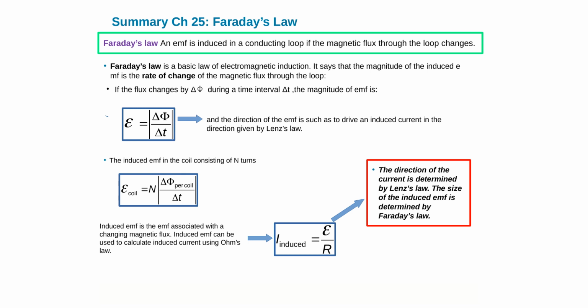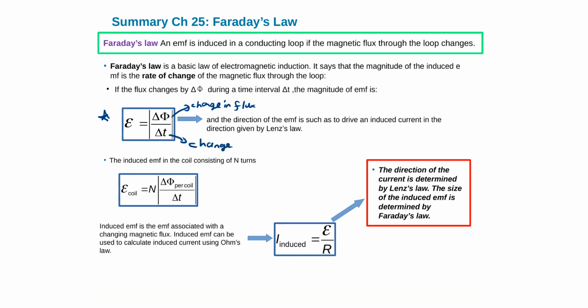Actually, finding the magnitude of induced EMF via Faraday's law is pretty simple. It's the change in flux divided by how much time it takes to change that flux, so the rate of change of flux. So we calculate the magnetic flux, look at the change in it, and look at how much time it takes to change.